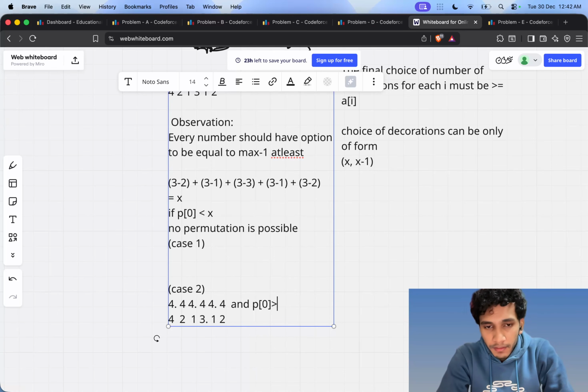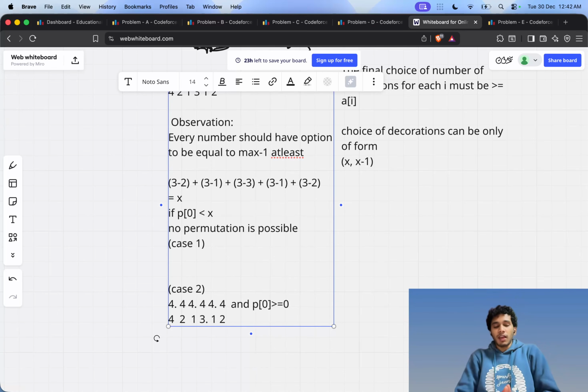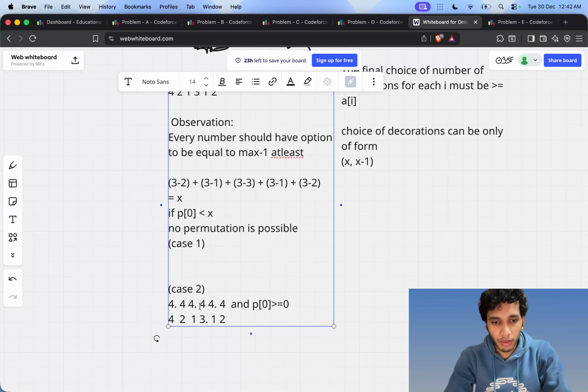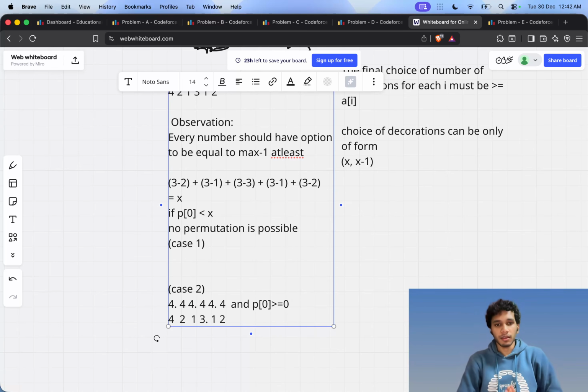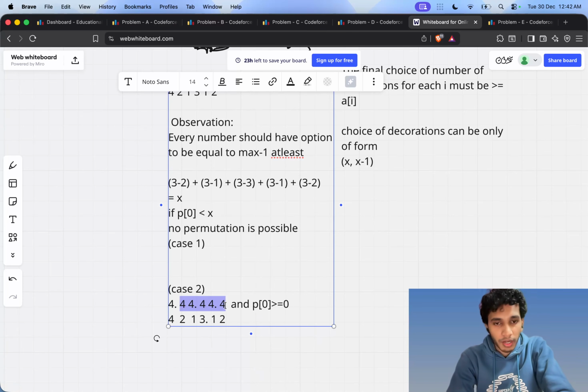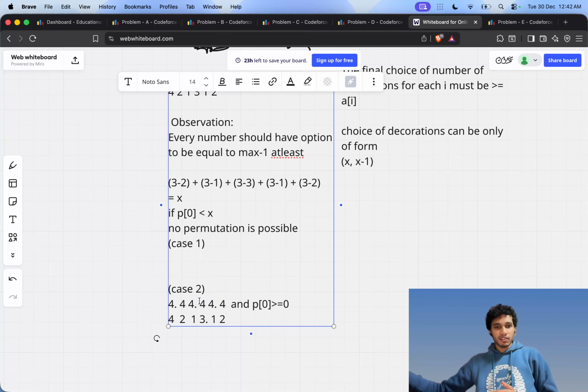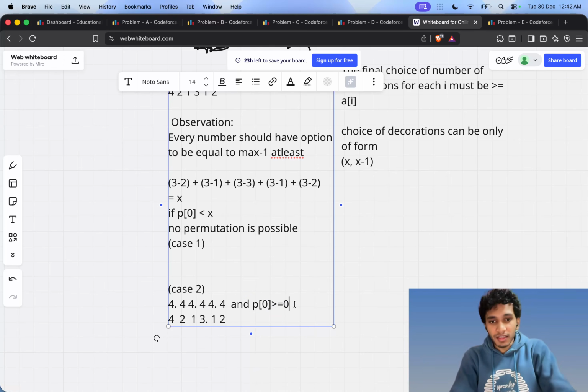P0 is greater than or equal to 0, and we can still have some P0s, that is, we can have some 5 4 or something like that. Every number that reaches above the value of 4 will take the decoration from P0 only.